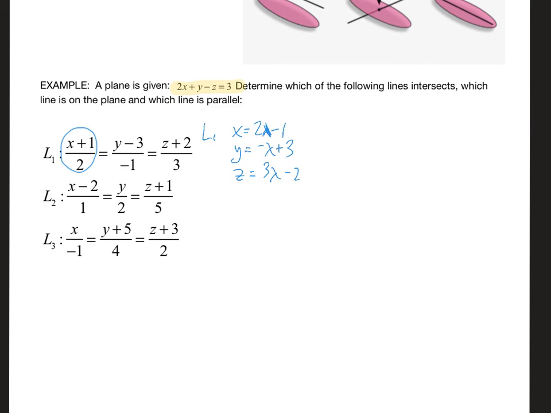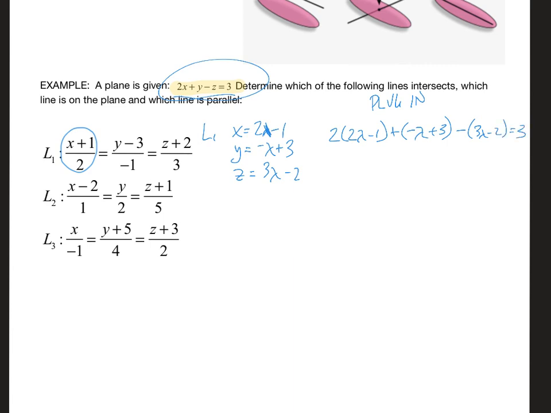Now that I have them in parametric form, I can plug them into the equation of the plane and see what happens. There are 3 different things that could happen, and you're going to see all 3 because of the 3 different lines. If I plug in x, y, and z, I get 2 times (2 lambda minus 1) plus my y value minus the z value. Parentheses are important. Don't forget to distribute.